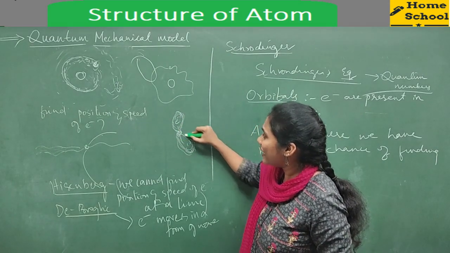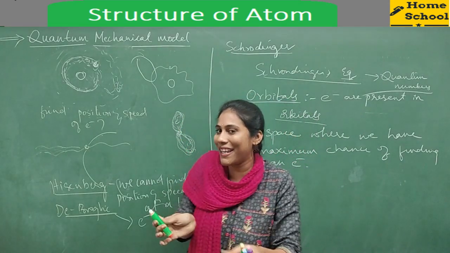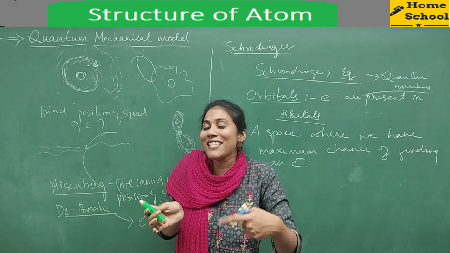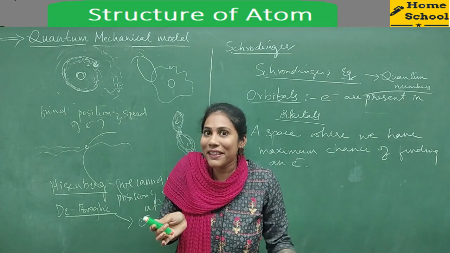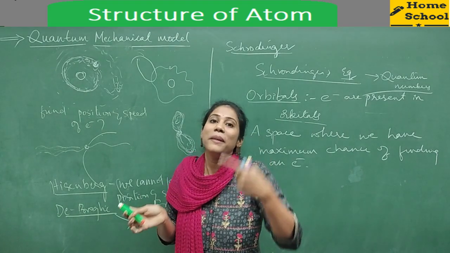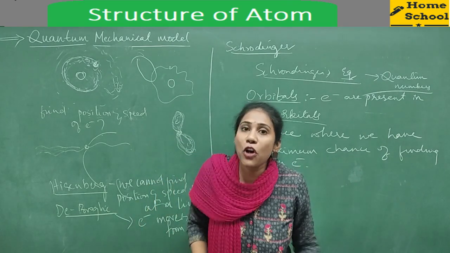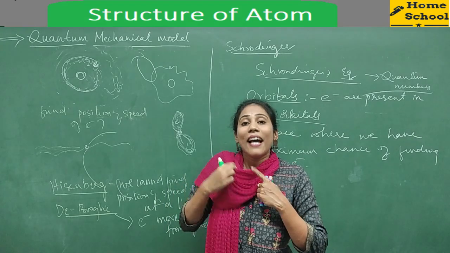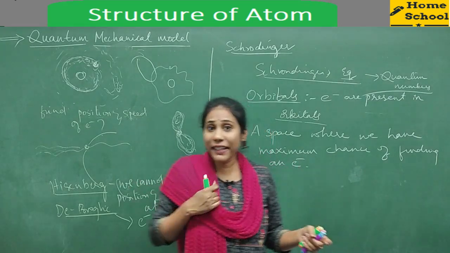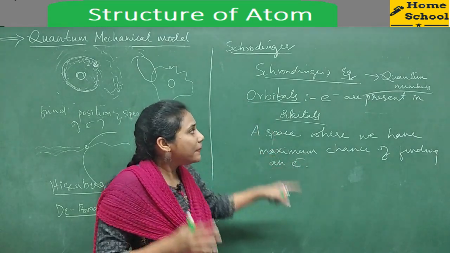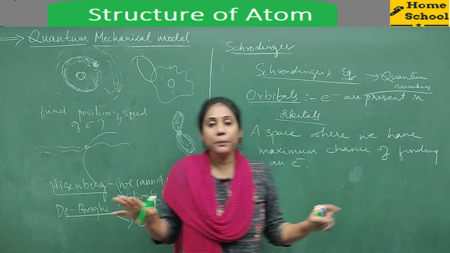I'm just giving one imaginary shape for the space. That means various types of orbitals can be there depending on the movement of electrons. Which electron stays in which orbital, what the different types of orbitals are, all that can be determined by quantum numbers.